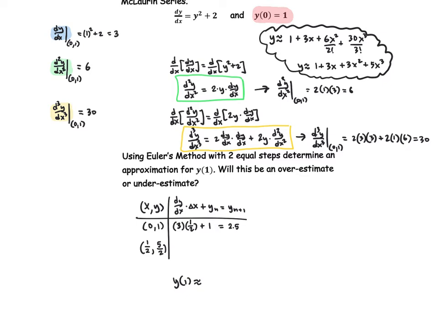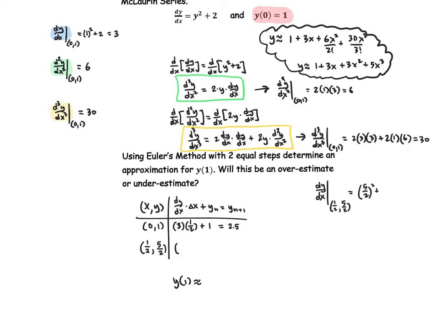Okay, so let's do it. So dy dx at the point 1/2, 5 halves. Oh boy, let's look at that. dy dx at the point 1/2, 5 halves is going to equal 5 halves squared plus, I'm going to write this 2 as 4 halves.